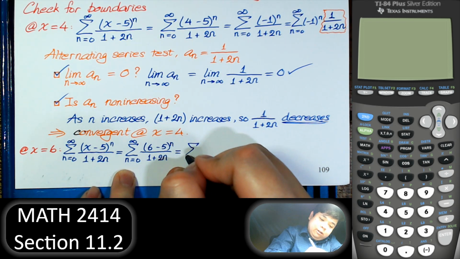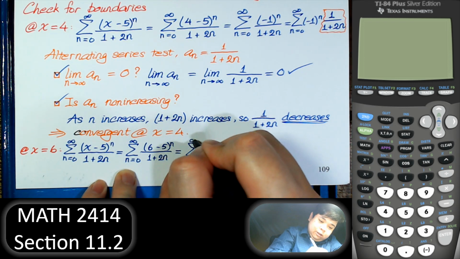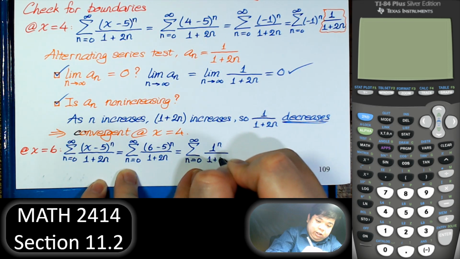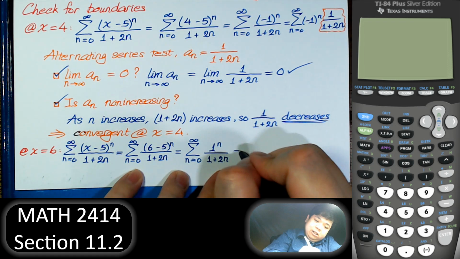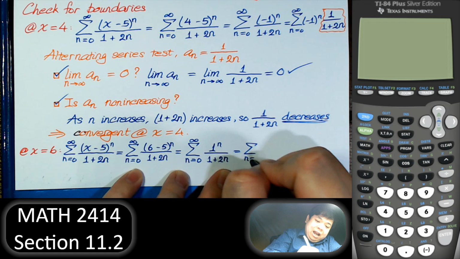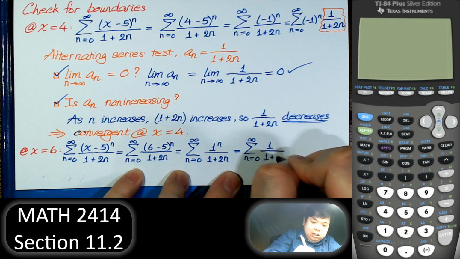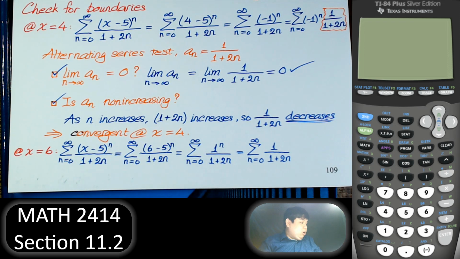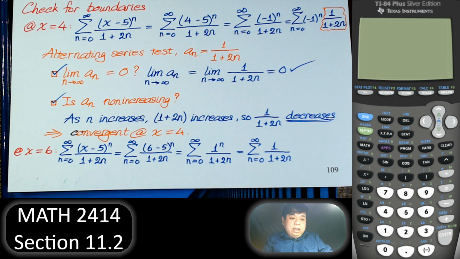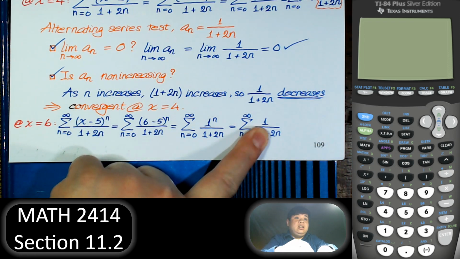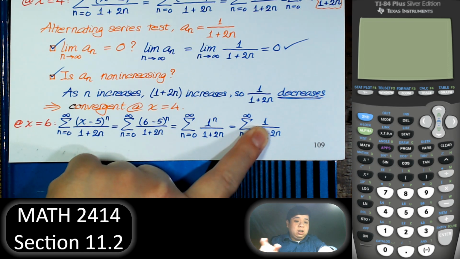So we just have the series of 1 over 1 plus 2n. I'm running out of space here, but if we do the limit comparison test and compare to, ignoring the 1 at the bottom, 1 over 2n, this is a harmonic series, or the p-series when p equals 1. So this is divergent.